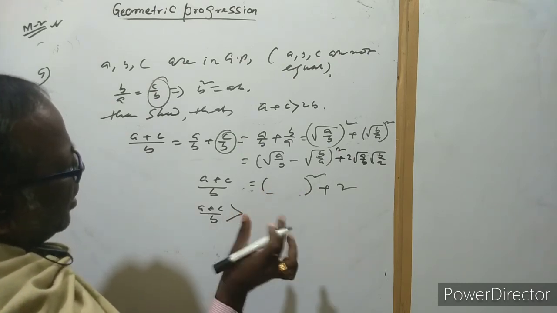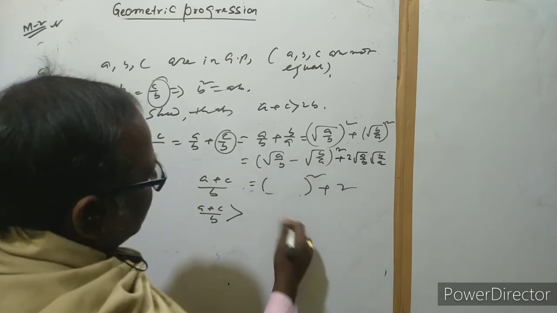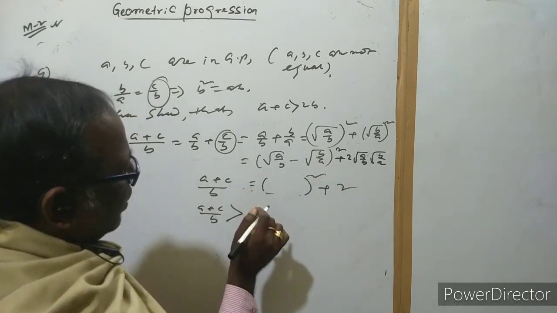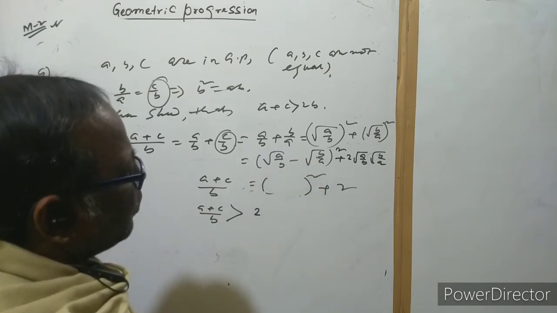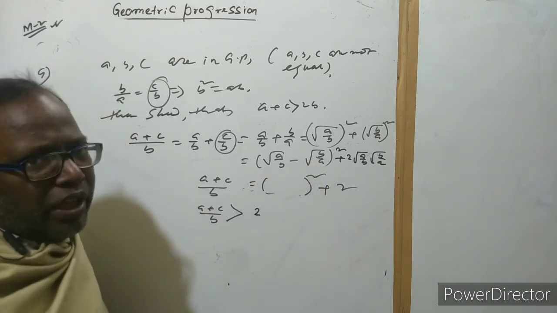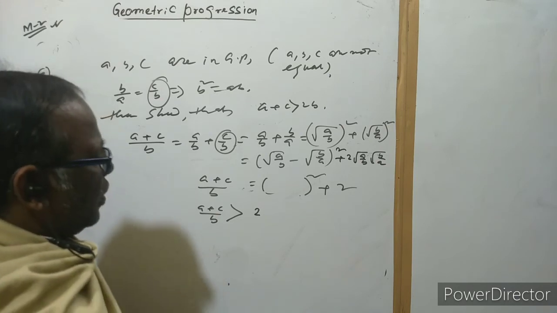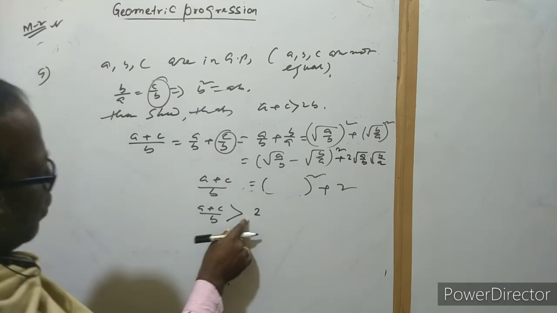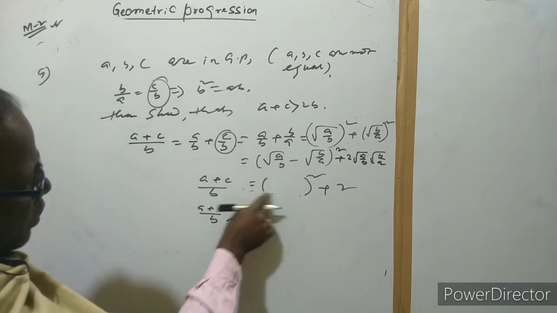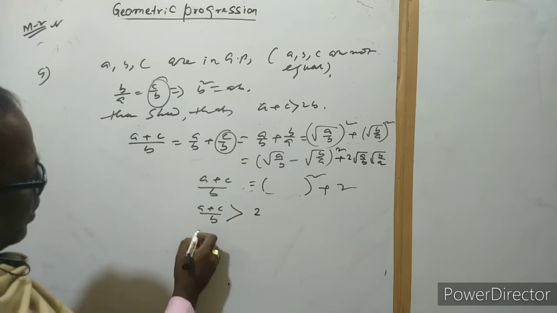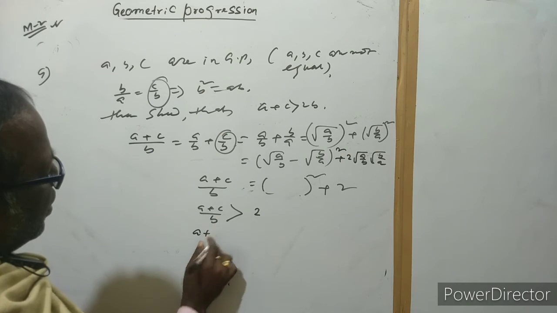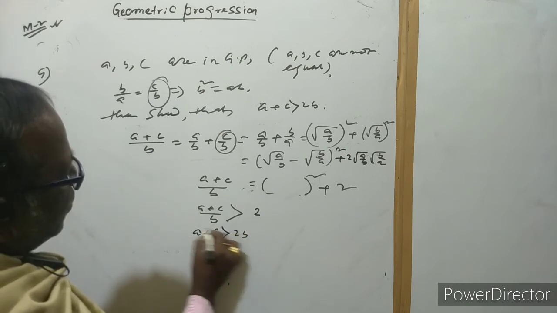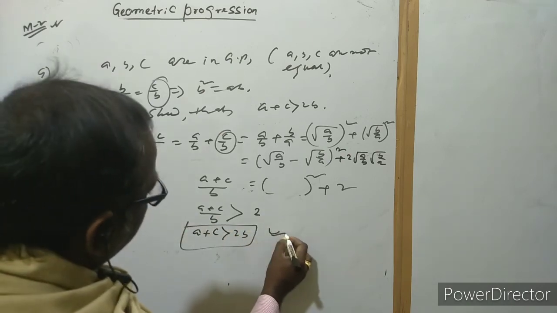So what will be the minimum value on the right hand side? It is 2. It is possible when this would be 0, and if this equals this, then B square equal to A square, actually A equal to B. So it is more than, not equal to, because A and B are not equal. We have to write only more than. So A plus C is greater than 2B. It is proved.